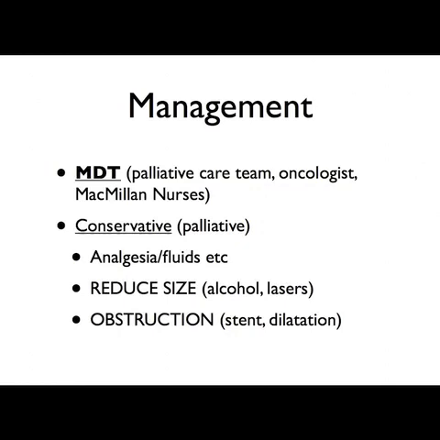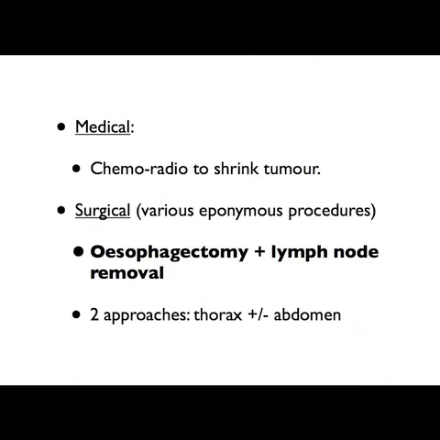So for size, you can have alcohol injections. You can do laser coagulation and palliative radiotherapy. And for the obstruction, you can stent it or you can dilate the tumour. But these are all palliative things. Medical, obviously, you can shrink it down before treatment using chemoradiotherapy. And then there's the surgical. There are a number of different operations you can do.